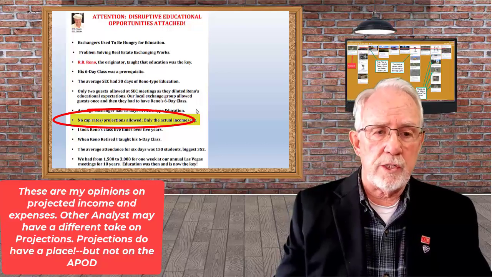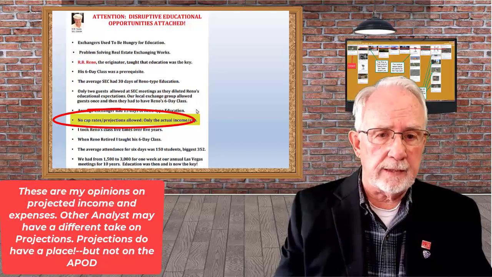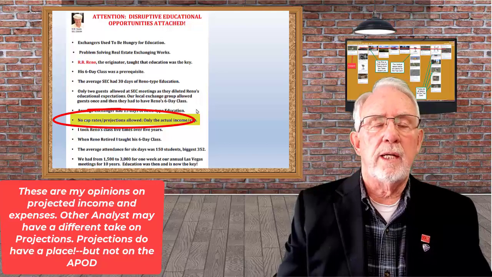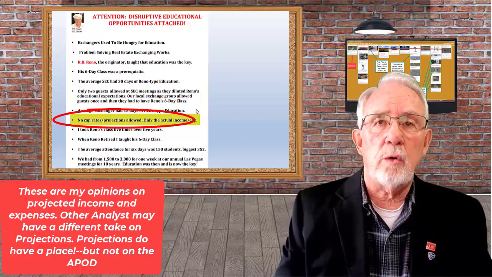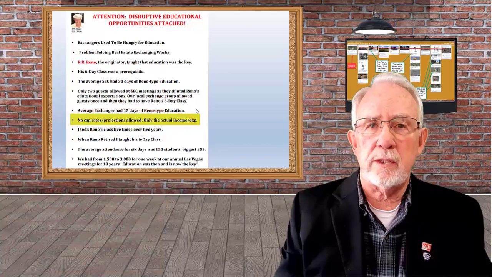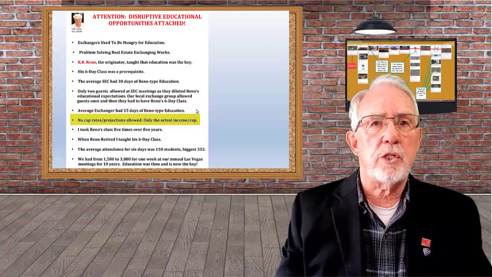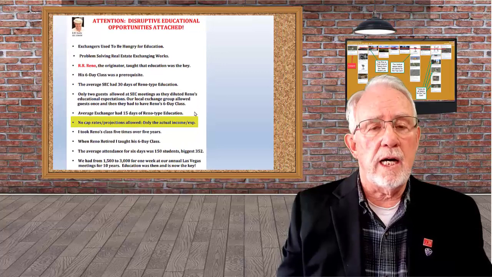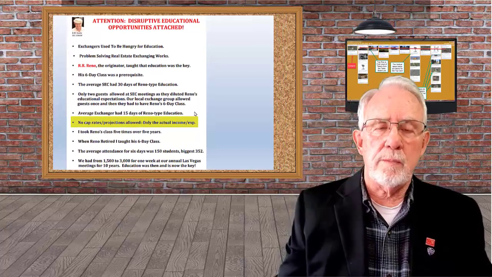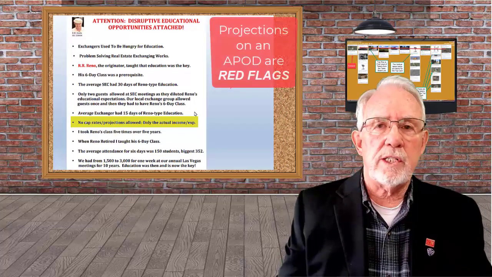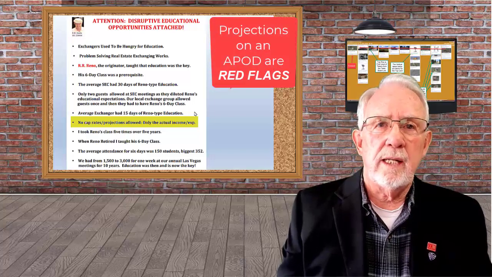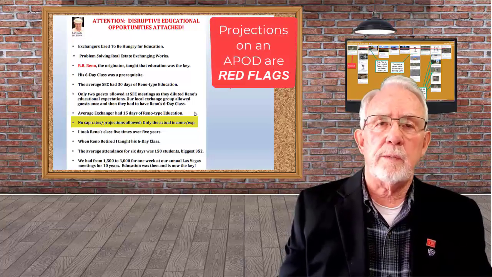And this is very true in previous meetings. No cap rates, no projections allowed, only actual income and expenses. And there's a lot of obvious reasons for that, because projections are just untrue. They're hard to measure. You are very seldom ever correct. And there's a lot of things that go into projections.